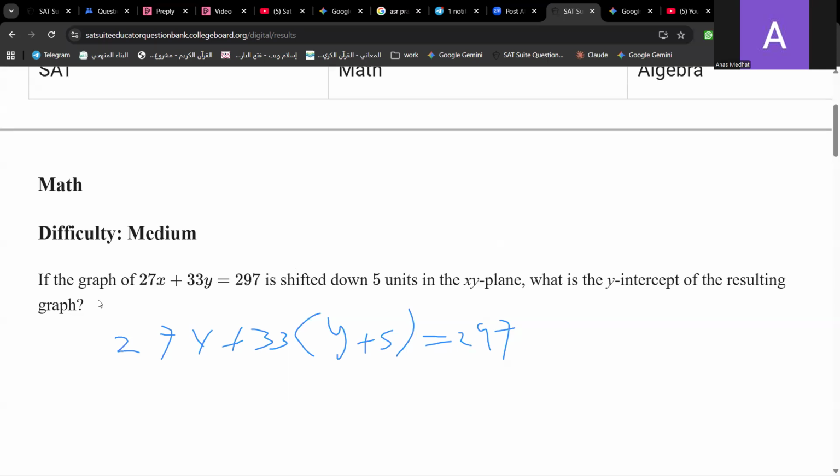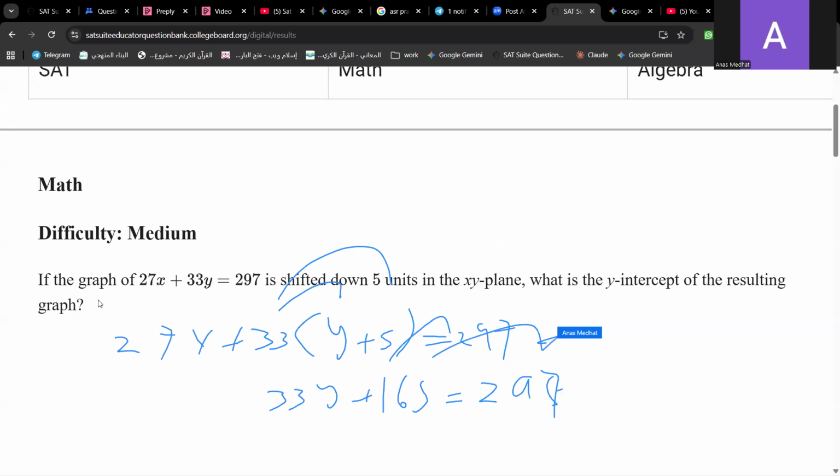If you multiply 33 by y and 33 by 5, it will be 33y plus 5 times 33, which is 165, and shift 165 to the other side. 165 to the other side will give you 132.